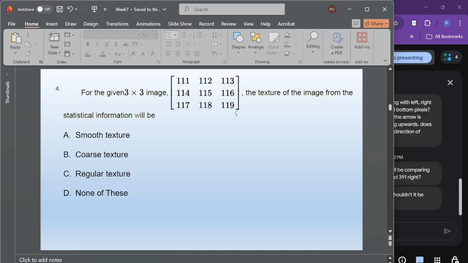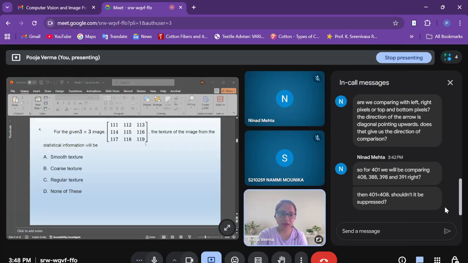From this image matrix, we have to tell which texture it belongs to: smooth, coarse, regular, or none of these. Would anyone like to answer this question? How to solve this question?